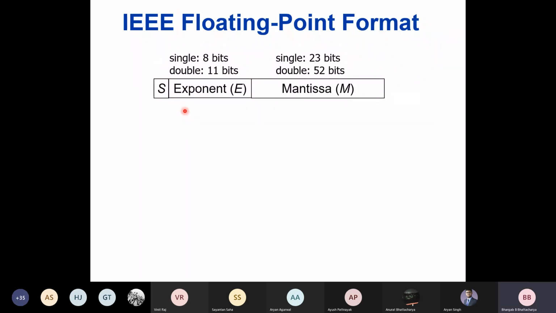We are going to represent real numbers, right? So what is the role of the exponent and what is the role of the mantissa? If the exponent value is large, then what does it mean?